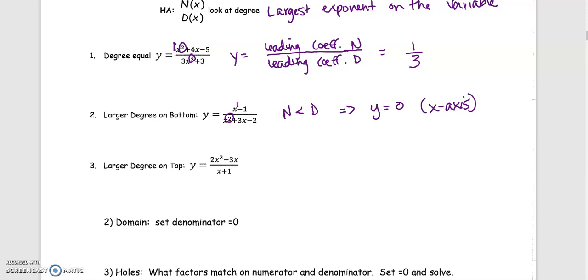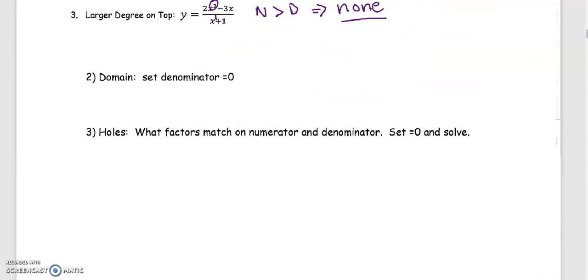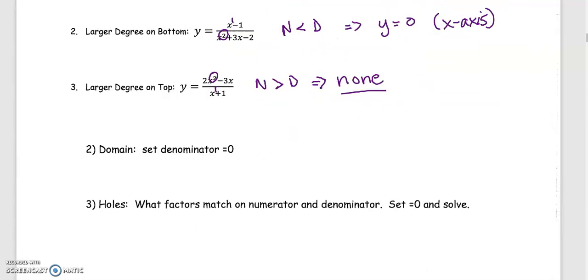And then we could have if the larger degree is on the top. So if the numerator is greater than the denominator, then we have none. The domain, we're just going to set the denominator equal to 0.